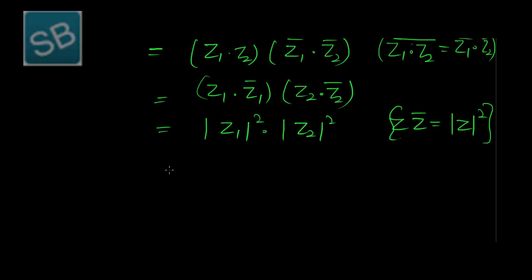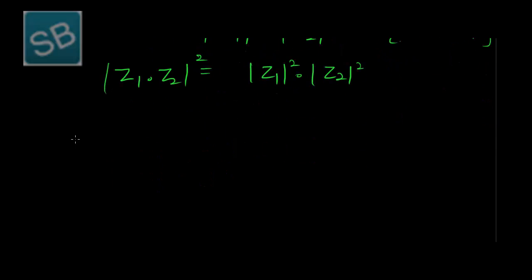So here we get mod z1 into z2 whole square is equal to mod z1 square into mod z2 square. So from here we get mod of z1 into z2 is equal to mod z1 into mod z2.